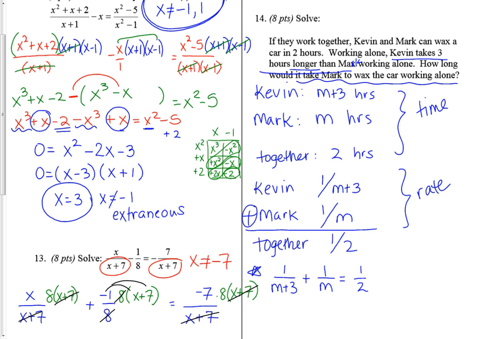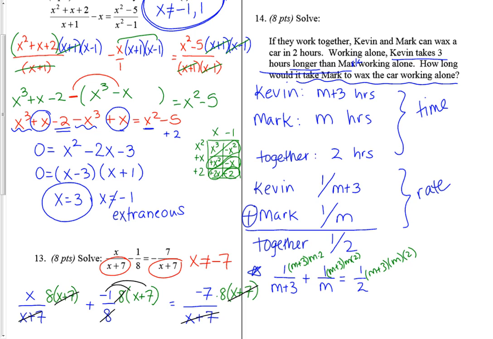In order to solve that rational equation, I need to multiply both sides by the least common denominator. The least common denominator in this problem would be m plus 3 times m times 2. So I have an m plus 3 times m times 2, m plus 3 times m times 2.